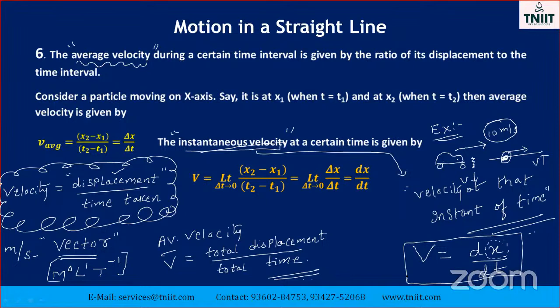It is the velocity measured at a given instant of time. That is the mathematical form of the velocity. So if x is not constant, if x depends on the time, then velocity is given by v equal to dx divided by dt.